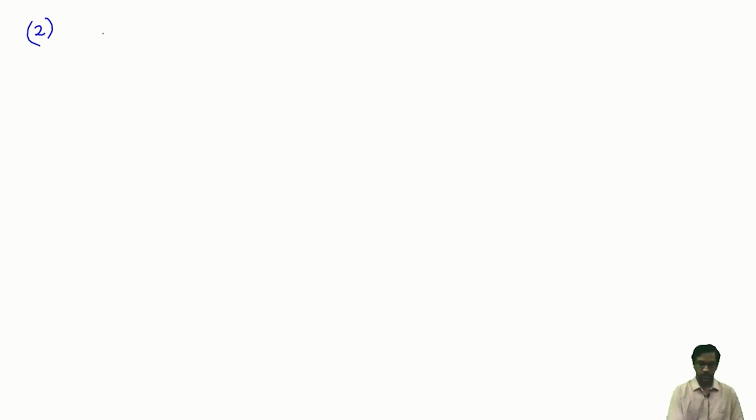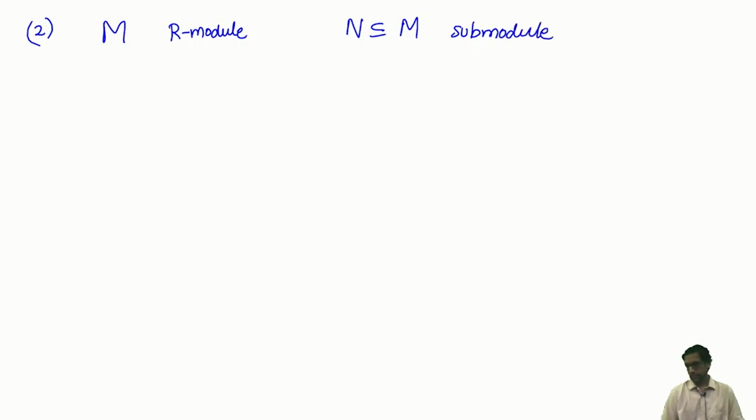Broadly speaking, suppose I have a module M, an R module, where R is not necessarily commutative, and suppose I have a submodule N of M. Recall that means I have the quotient M mod N, and in fact I have a quotient map from M to M mod N. This double arrow just means that this map is a surjection.